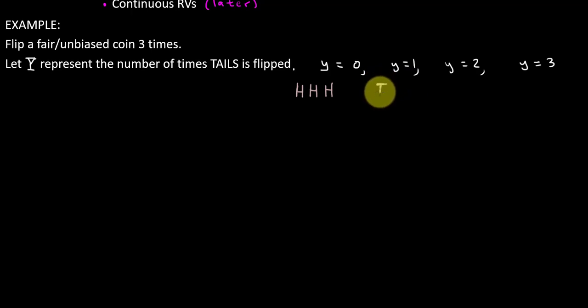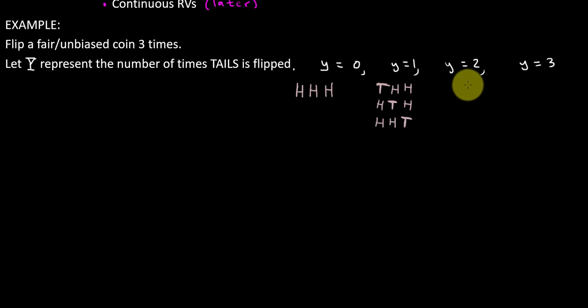You could have the tail in the first flip. You could have the tail in the second flip. Or that 1 tail could occur in the third flip. So notice there are 3 ways to obtain 1 tail.